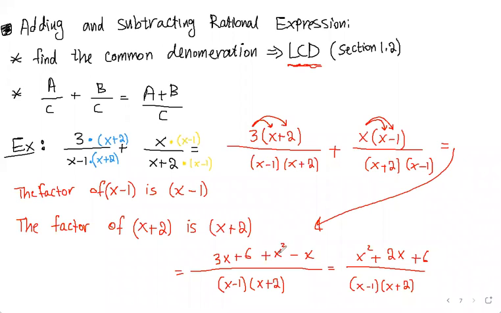X squared is alone. We have minus x plus 3x. The same variable raised to the same power is 1, so we combine the 3x with the minus x. They give me 2x because 3 minus 1 is 2. And the number 6, keep it alone, plus 6. Any questions so far? Makes sense? That's it.